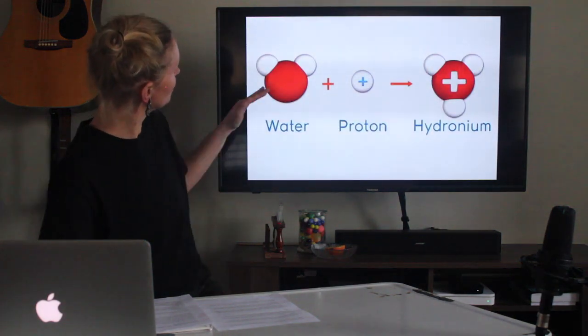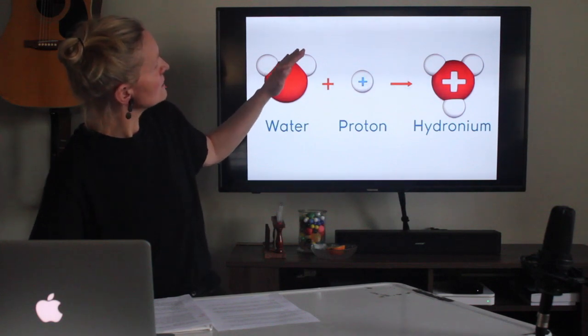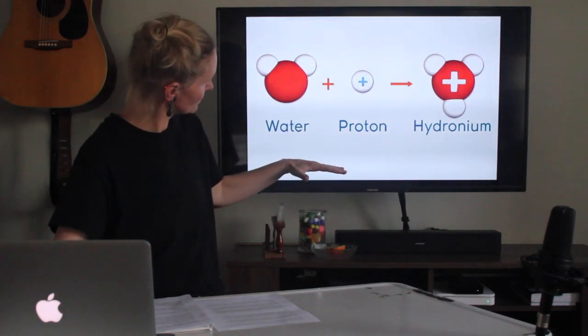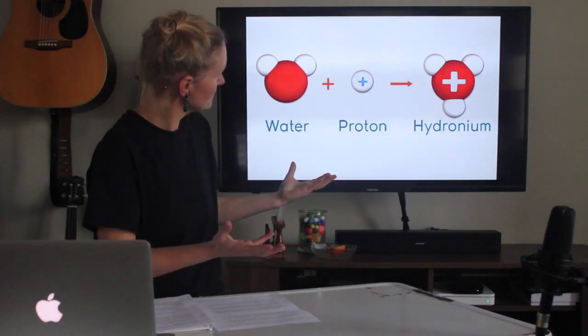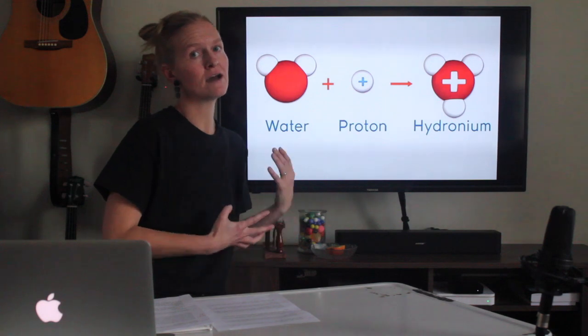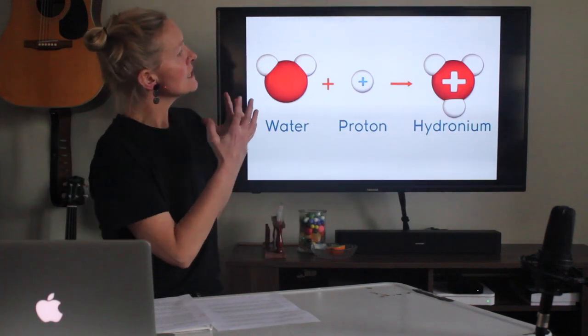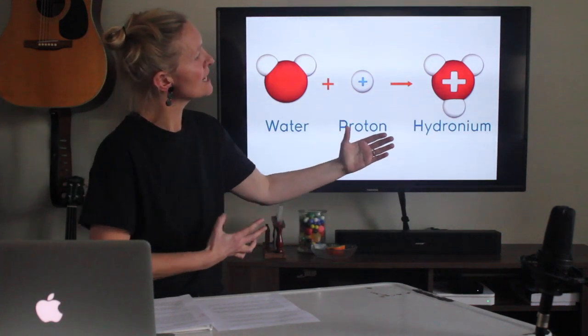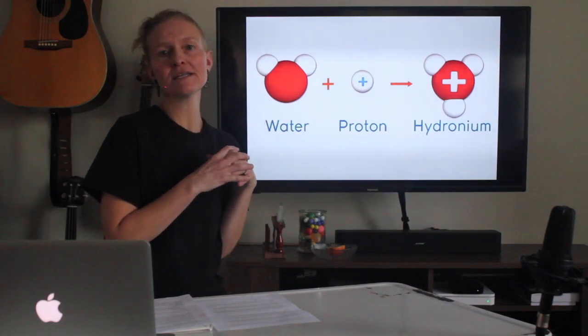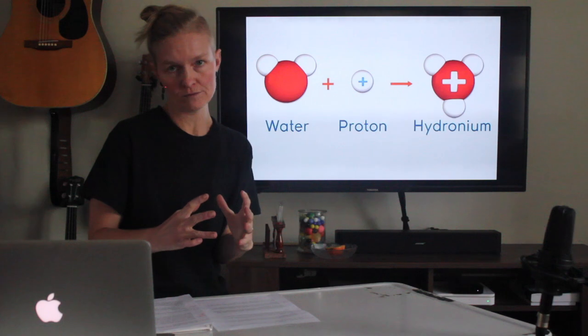Here we have the water molecule, and when an acid is added to the water, it will dissociate and give up its proton, which is its H+ ion, and it will form the hydronium molecule. So it will actually exist as H3O in the water.